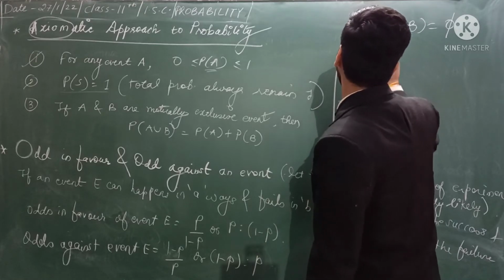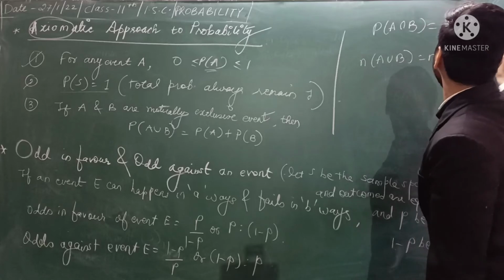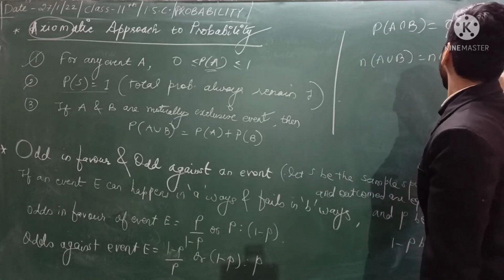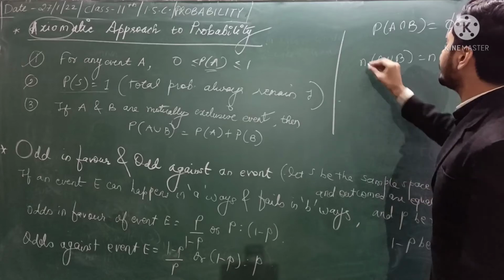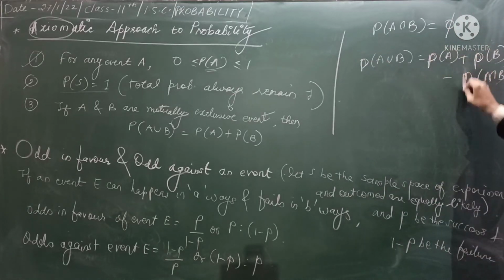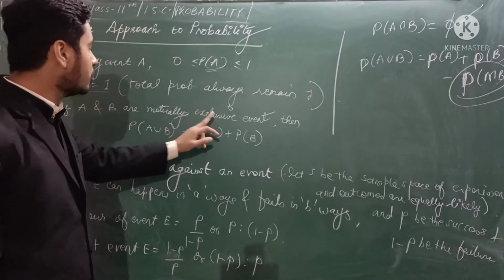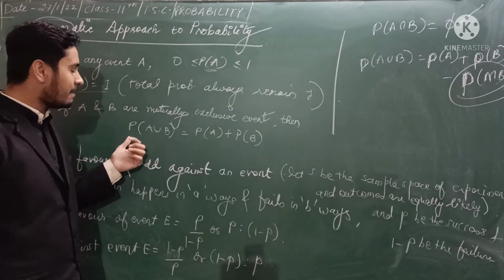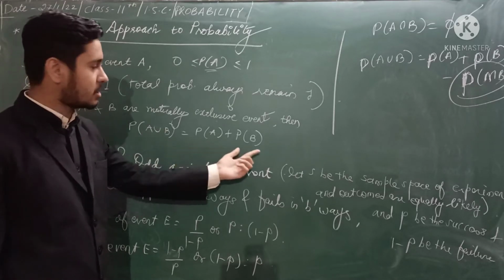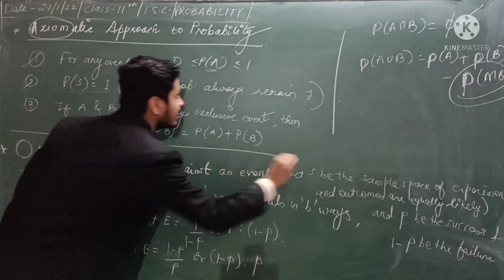We know the formula: number of A union B is number of A plus number of B minus number of A intersection B. Similarly, probability of A union B is probability of A plus probability of B minus probability of A intersection B. Now this particular term vanishes because we are giving a condition that A and B are mutually exclusive. So probability of A union B is probability of A plus probability of B. I hope this is clear to you.